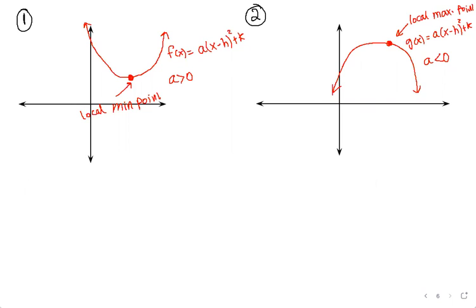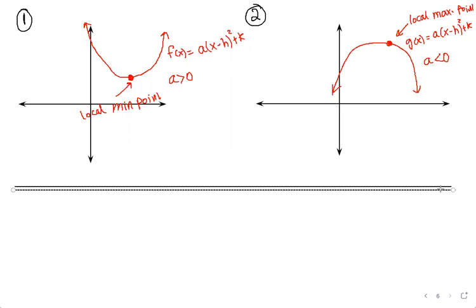So let me give you an example. By the way, this is h here, and this is k. This is h, this is k.